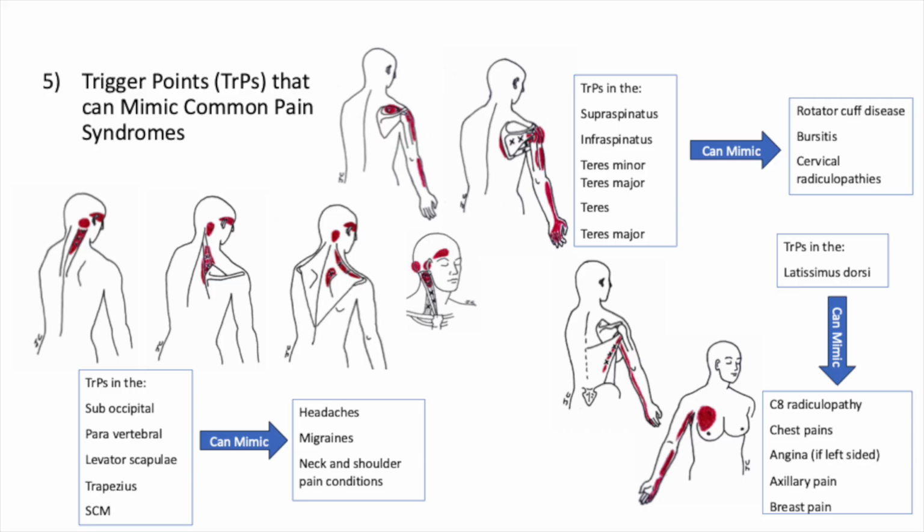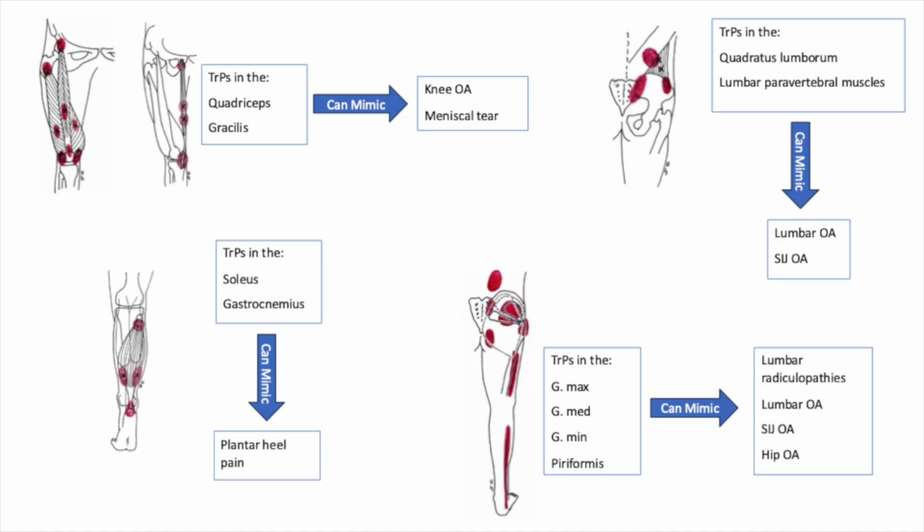Trigger points in the latissimus dorsi can certainly mimic C8 radiculopathy, breast pain, axillary pain, even angina. Pain caused by trigger points in the gracilis, quads, can mimic knee arthritis and meniscal tear.